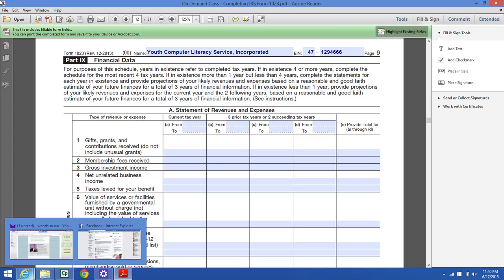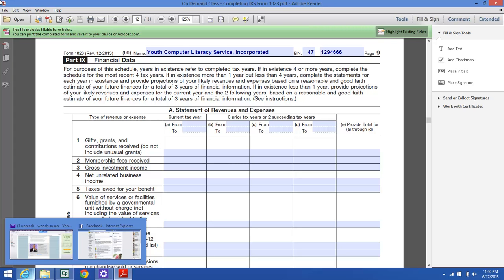Since you are starting a 501c3 nonprofit organization, you will not have, more than likely, any financial data. So all of your information that you put into this financial data spreadsheet will be projections, and that's fine. The IRS understands that if you're just getting started, you will not have any financial data to include.